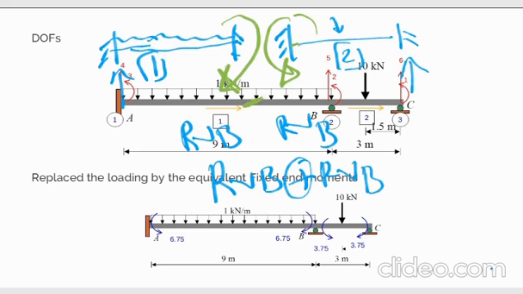That means the moment at point B in member number 1 minus the moment value at point P in member number 2. So here actually the values of the moments will be the same, 6.75 minus 6.75.